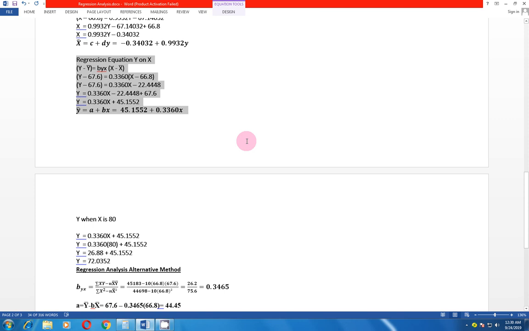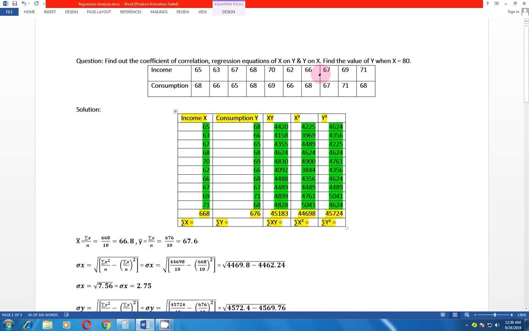Now, after the calculation of regression analysis, the question asks to find the value of y when x is 80. It means that if income is 80, which is not given here, what should be the value of y?